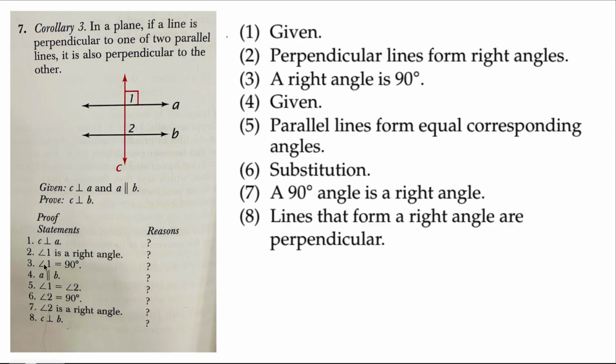Did we already prove that angle 1 was equal to 90 degrees and that angles 1 and 2 were equal? Now we're just substituting this information for 6. Substitution. 7, angle 2 is a right angle. It's repeating what it said up here. A 90-degree angle is a right angle. And now C is perpendicular to B. We have proved what we set out to do.